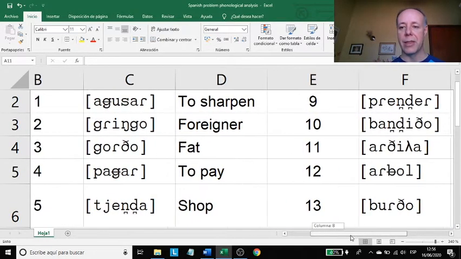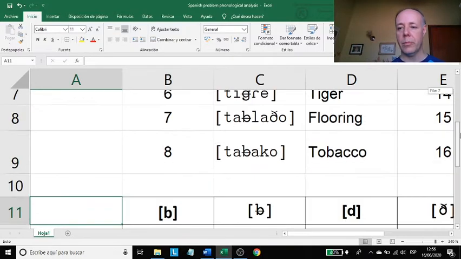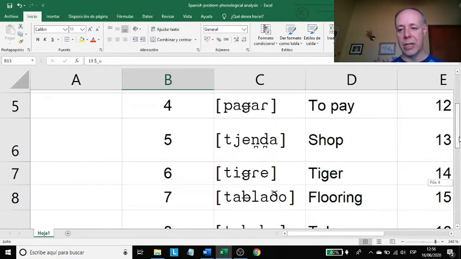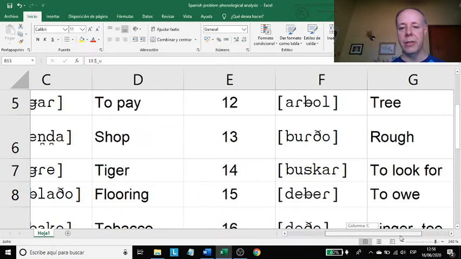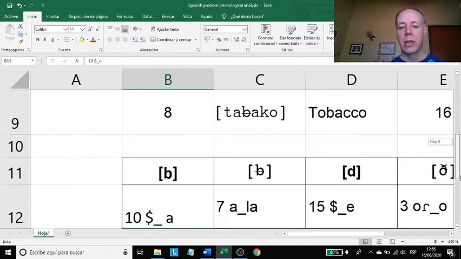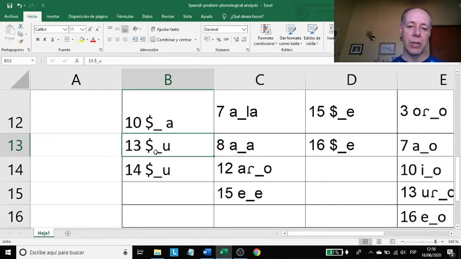Number 10 is bandido. At the beginning of the syllable before an A. Bandido. Then in number 13, and what is number 13? Burdo. In number 13, we have syllable initial before an U.